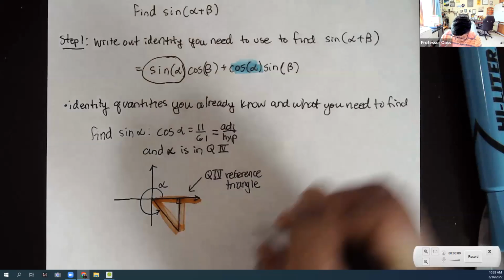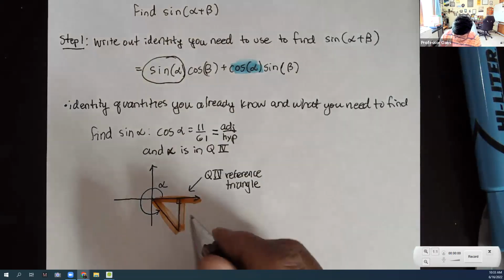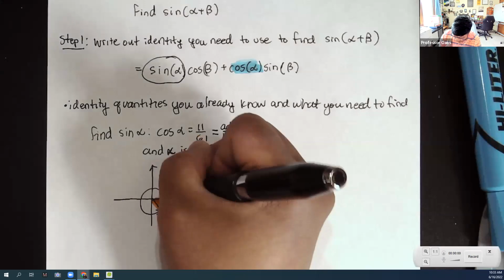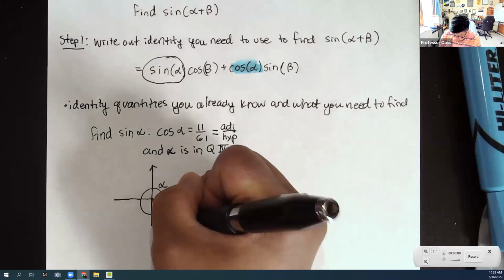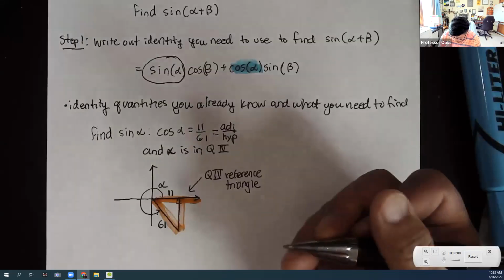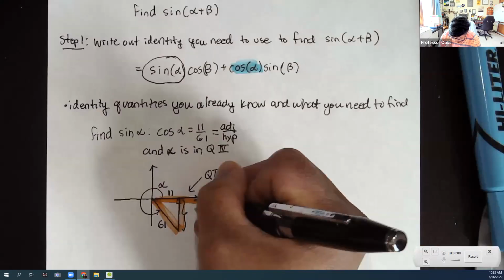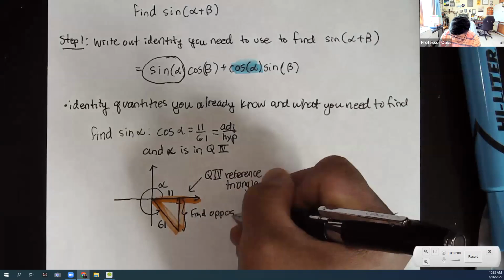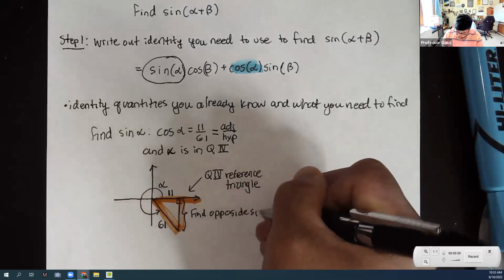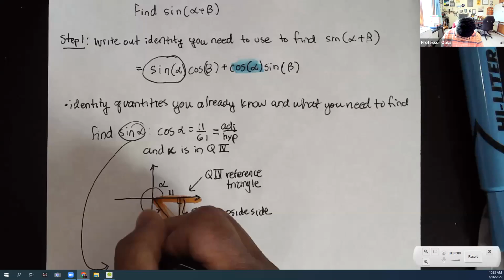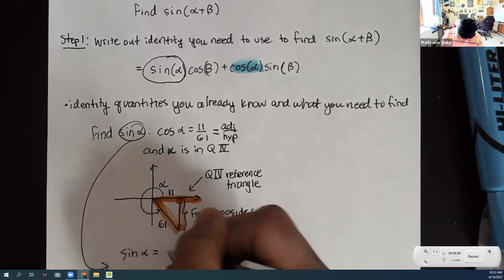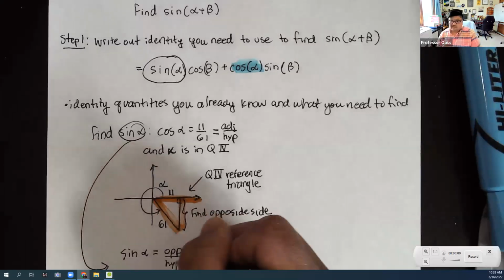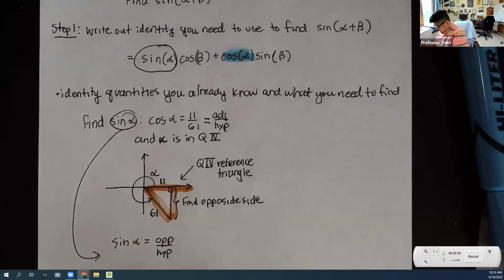The 11 is right here, and the hypotenuse is right here. So we need to find the opposite side still, because otherwise we won't be able to find sine of alpha, because sine of alpha is opposite over hypotenuse.